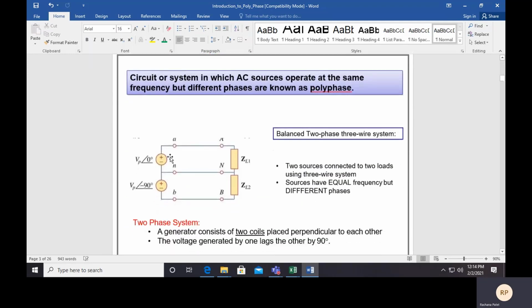If we do this, let's say over here I have two voltage sources having Vp as a value, and the angle for one quantity is 0, for another it is minus 90. So now this arrangement is ready to behave like a two-phase three-wire system.